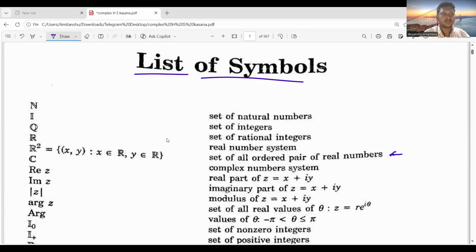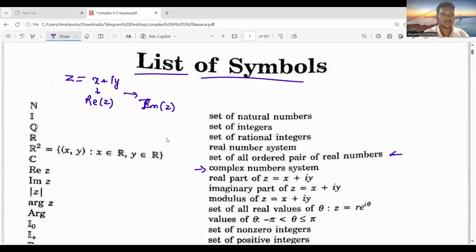Now see the basic things. I think everyone knows about this. This is the complex number system. Here I am representing a value in standard form like z. z will be x plus iota y, where x is the real part of z and y is the imaginary part of z.